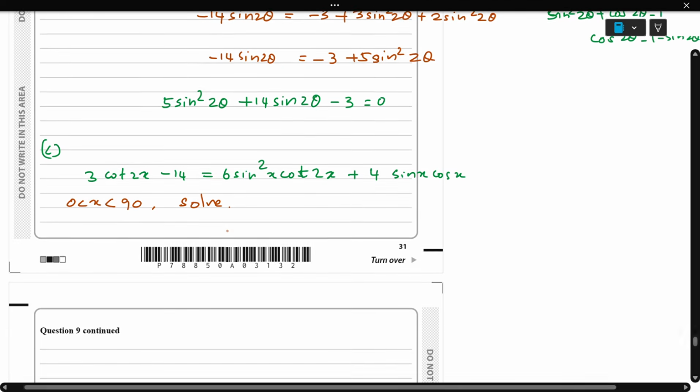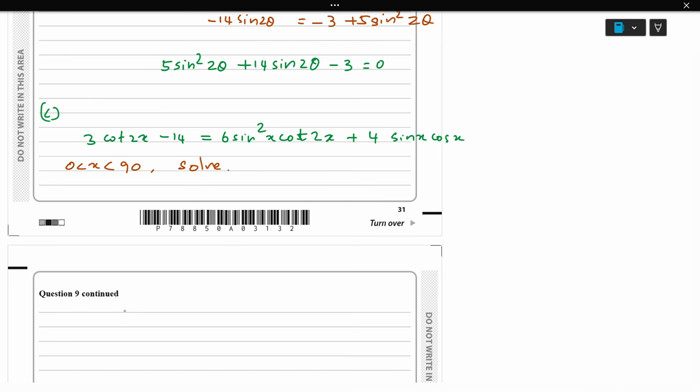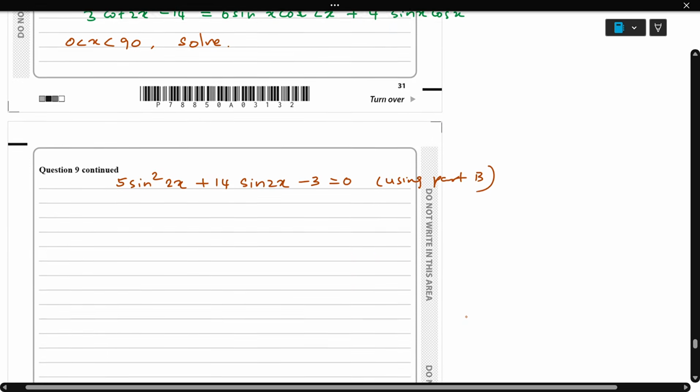That's the question. It is the same as before, we did it before, so we can write the entire thing equal to 5 sin² 2x plus 14 sin 2x minus 3 equals 0, using part B, with x instead of theta.